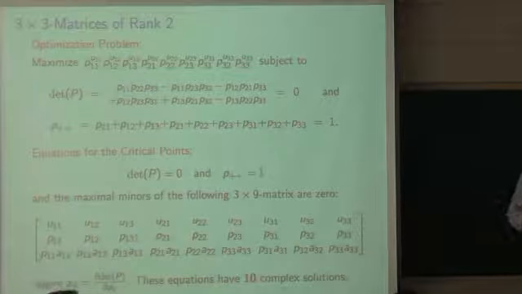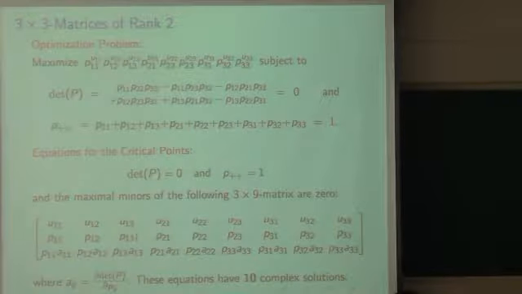In terms of equations, this matrix drops rank if the 3×3 minors, the 3×3 subdeterminants, vanish. If I were to write this in equations, there would be 9 choose 3 polynomials homogeneous of degree 4 in the p's. And this is the system of equations I need to solve.